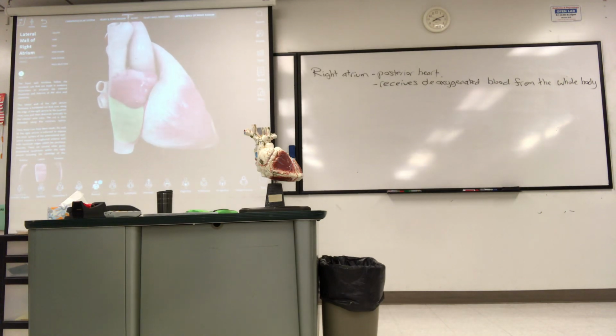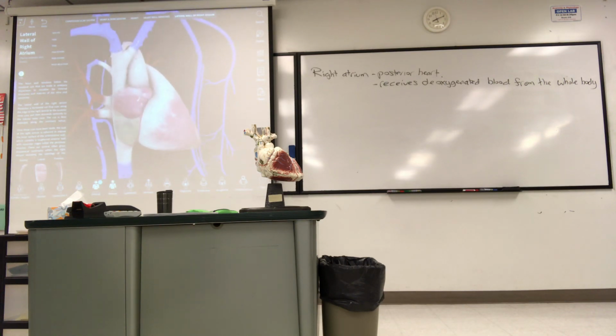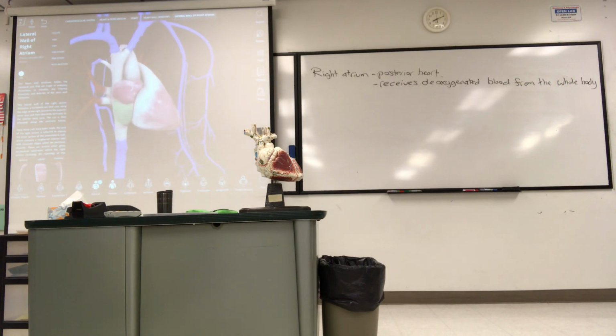Now there's two main veins that drain into it. Let me see if I can throw in veins here. What's in green now is the superior vena cava. That's coming from the top there. That's one of the main veins. The one on the bottom there is the inferior vena cava.